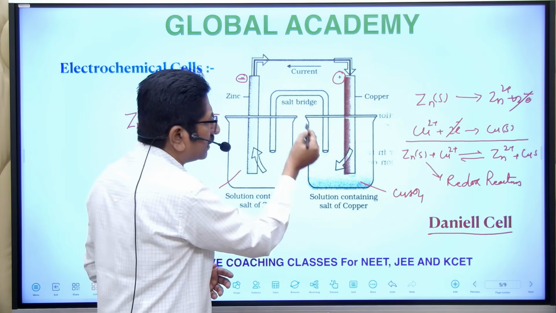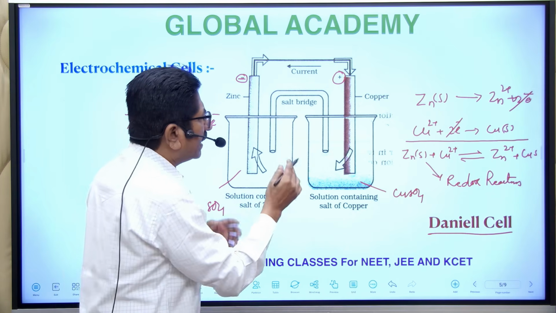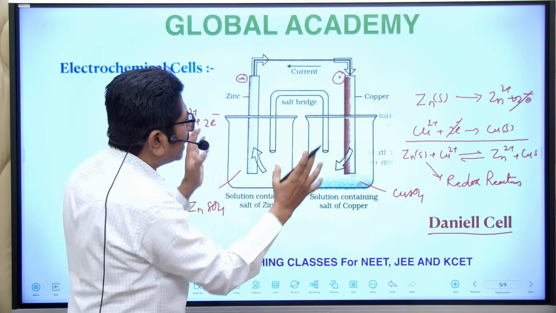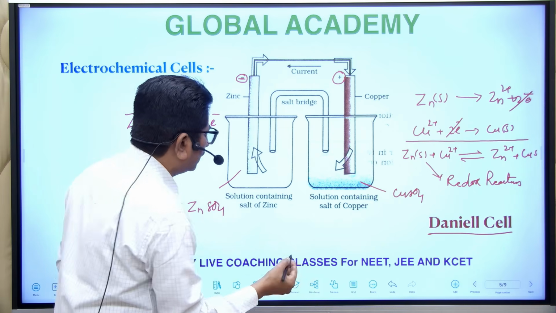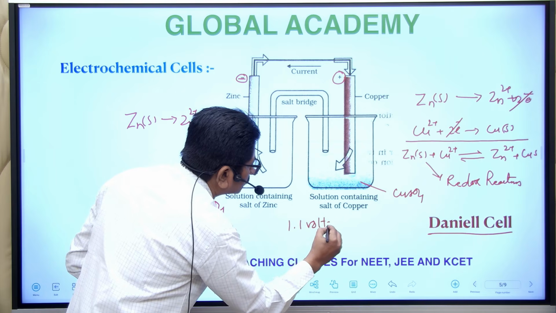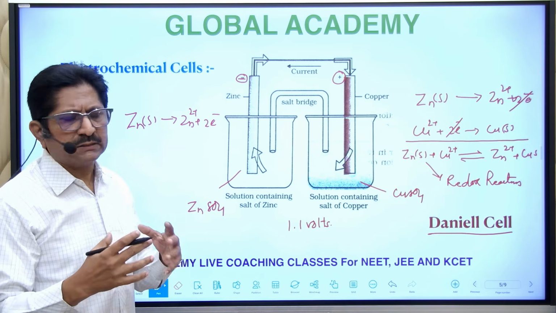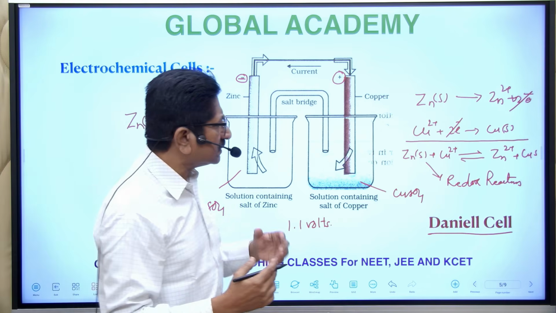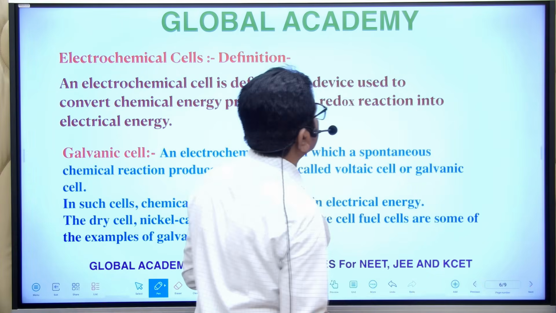At the same time, the positive current is flowing in the opposite direction. Because of that, the entire setup becomes neutralized and it gives a voltage of 1.1 volts. And this is a very good example for the electrochemical cell.